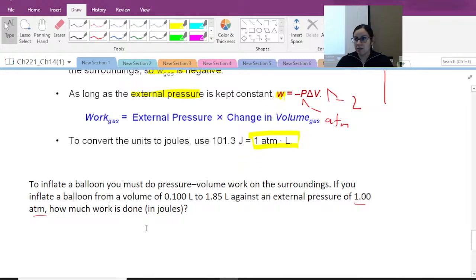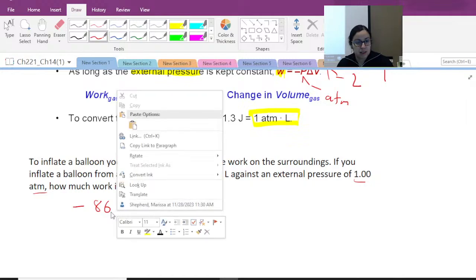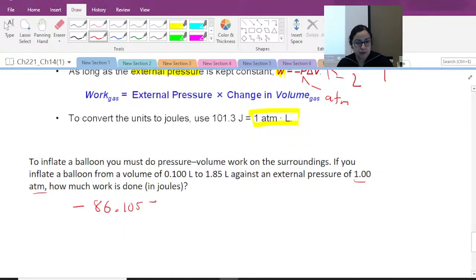Still punching. I got negative 86.105. Oh, 86.5 you said? 0.105. So I'll just punch that in and double check. Is that what people got?